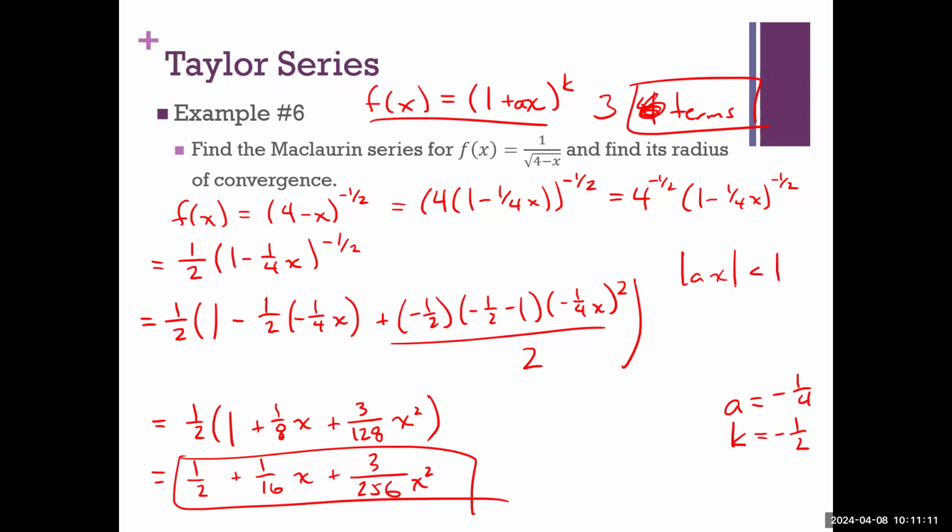I know it was several days ago, but how would we apply that to this series that we built? What is our value of a? Negative 1/4. So we have the absolute value of negative 1/4 x is less than 1, which gives us the absolute value of x is less than what?